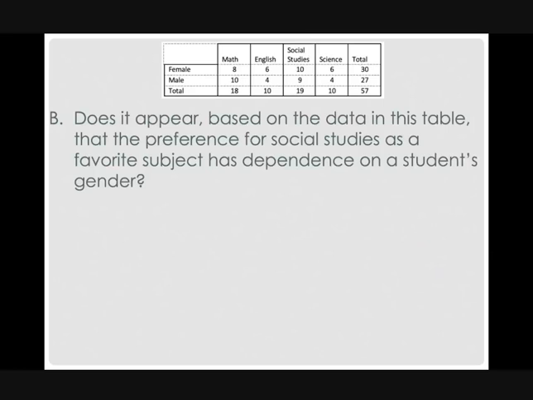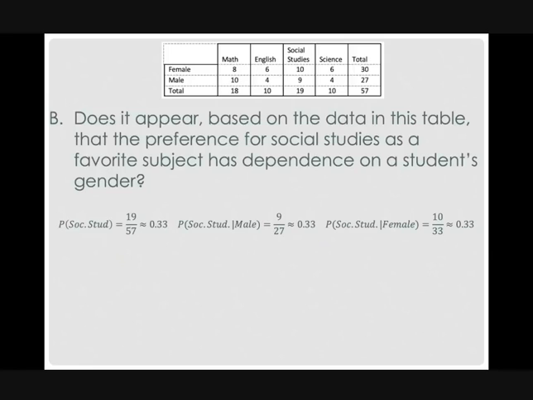So now, does it appear, based on the data in the table, that the preference for social studies as a favorite subject has dependence on a student's gender? So let's look. The probability of liking social studies is 19 out of 57. Now, liking social studies given male is 9 out of 27, or 1/3.